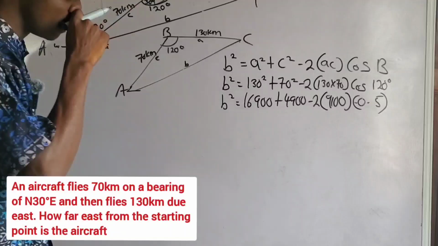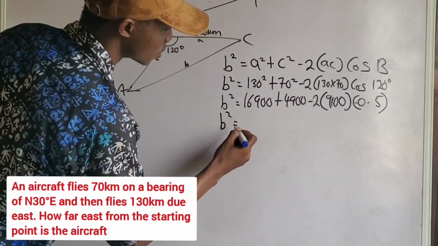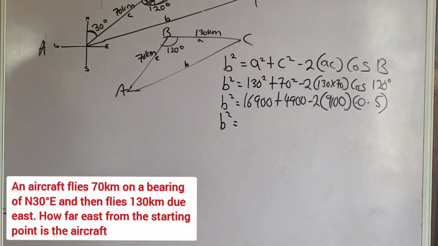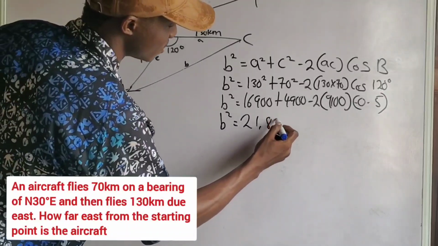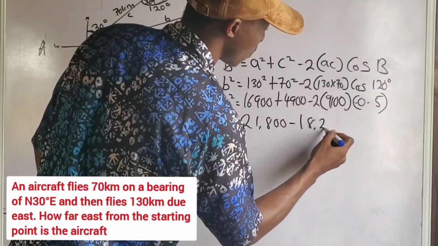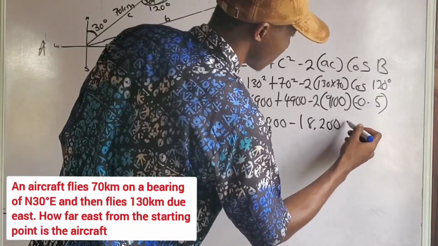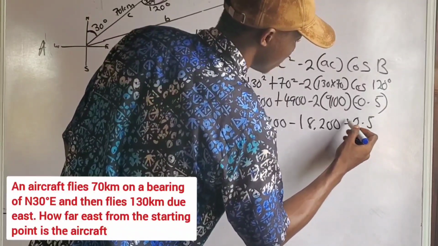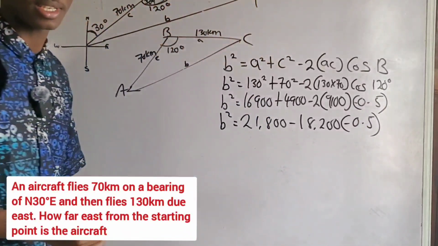Now b squared is equal to 16,900 plus 4,900, that is 21,800, minus 18,200 multiplied by minus 0.5. Do you understand?